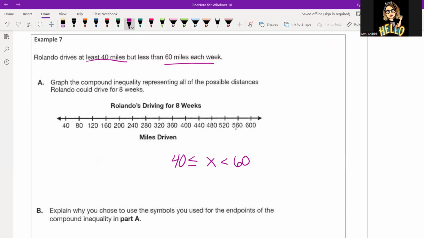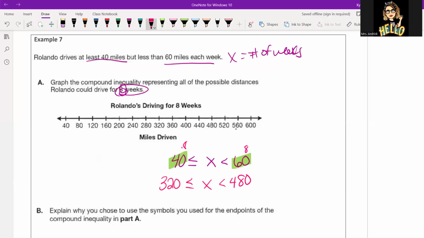If we drive for 8 weeks, when X equals the number of weeks, and we're driving for 8 weeks, all we're going to do is take each of these numbers and multiply by 8, since that's the number of weeks. So 40 times 8 is 320, and 60 times 8 is 480.